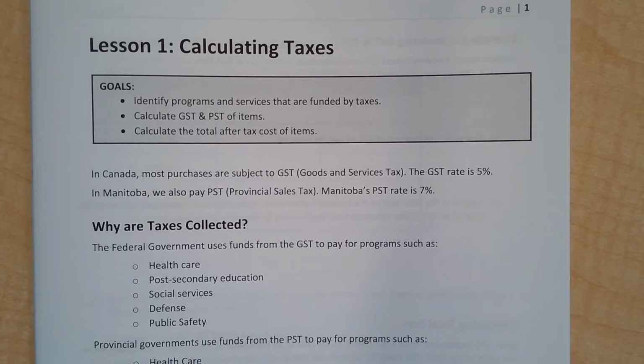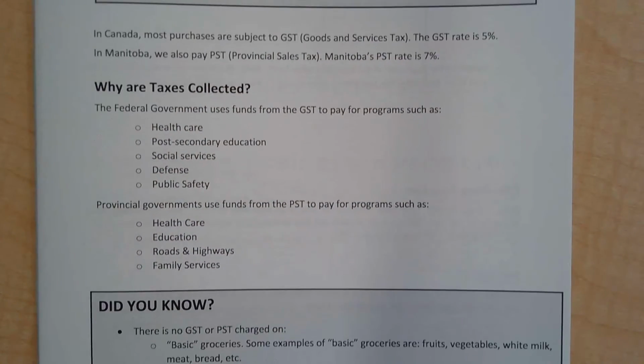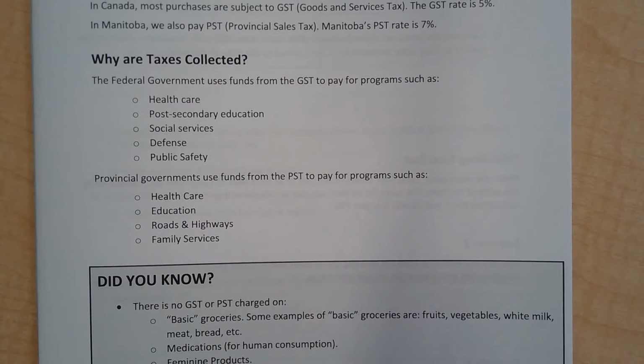Good. And then public safety. So those are certain things that we have to fund for the federal government. Okay, federal government. Now, provincial government. All the PST that we pay also goes to healthcare. So a little bit from the GST and a little bit from PST all go together to fund healthcare and education.